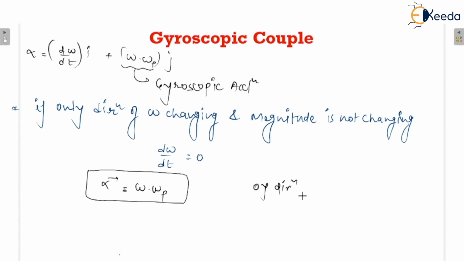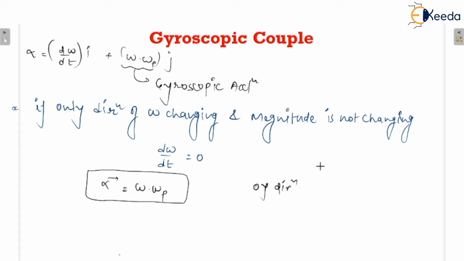Are you getting my point? So therefore, to have precession means to change the direction of omega, because we know that the change in direction of omega is also known as precession.